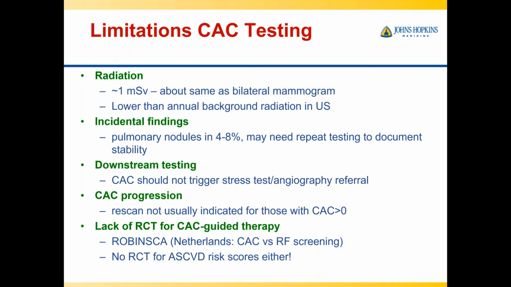It really shouldn't even trigger stress testing, although there were some guidelines for nuclear testing with those with really high calcium scores. But in asymptomatic people, we treat for prevention. It shouldn't trigger downstream testing. And if we've made the decision to put someone on a statin, rescanning is usually not indicated.